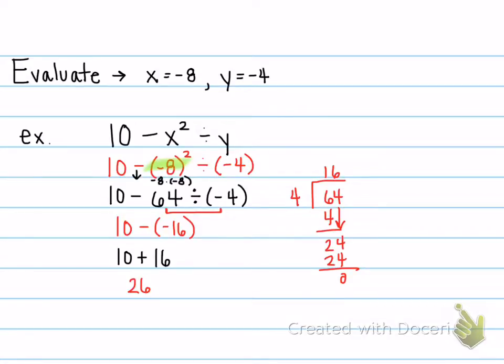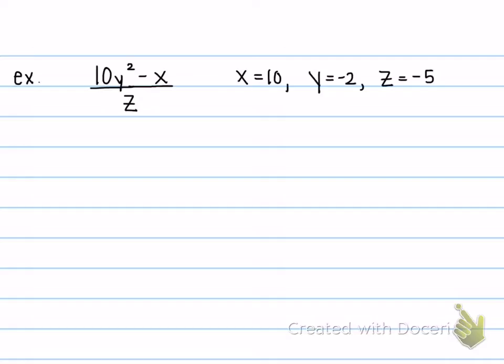Let's do one more. Okay, we're going to solve 10y squared minus x all over z. So that all over z means it's divided by z. Because the problem's written this way, you have to simplify both the top and the bottom first before you can do that division. So let's plug in.